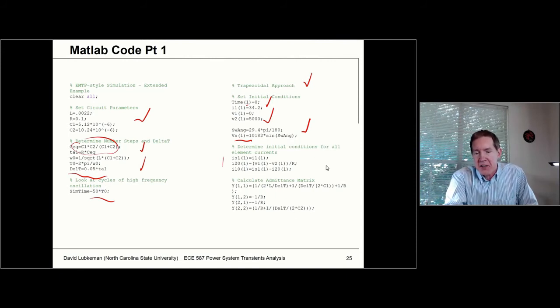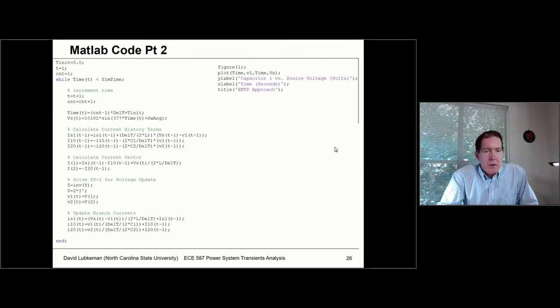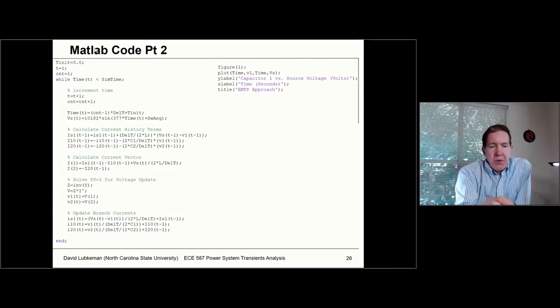Now what I do is I calculate my admittance matrix using the terms we had in the previous slides. And now I can go into my iterative loop. So initial time is going to be 0. I'm going to run this as long as time is less than my desired sim time. I increment time, so that I get the values for time corresponding to delta t.